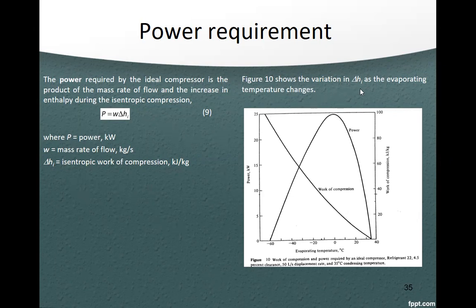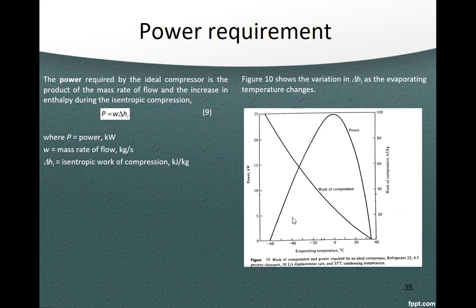Figure 10 shows the variation in delta h as evaporator temperature changes. Here is the evaporator temperature, and the power has a peak.